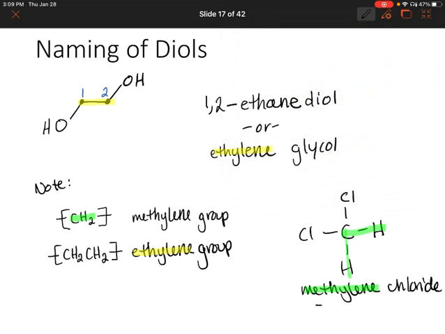Or you could call this dichloromethane. So many molecules have multiple names. There's usually an IUPAC name, so the name that's determined by the International Union of Pure and Applied Chemistry, or there's a common name that you can use as well.